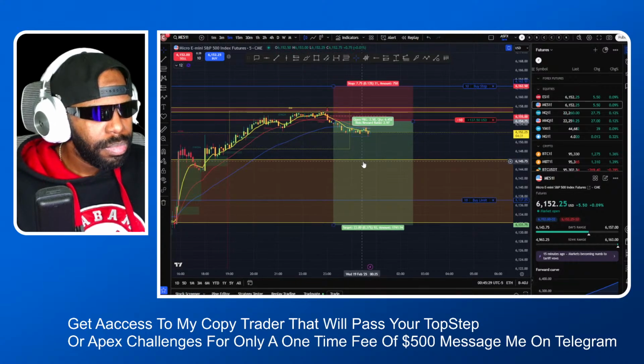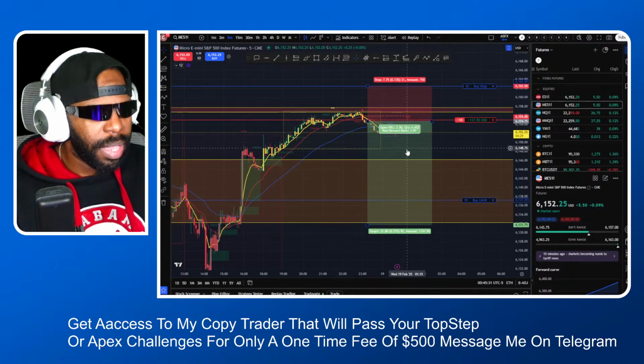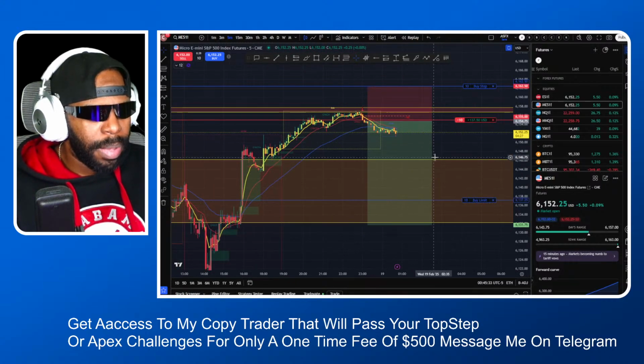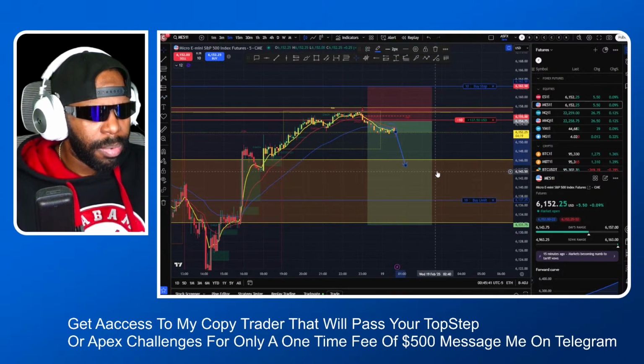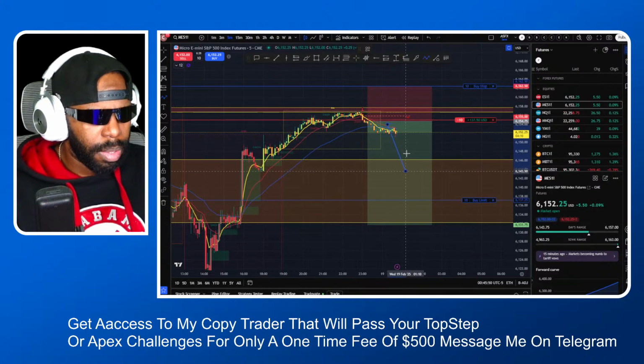So I want price to come down. Once price comes down here to this level, I'm going to break even. The reason why I'm going to break even is because price could come down here and then go up. Because like I said, we are in an uptrend.